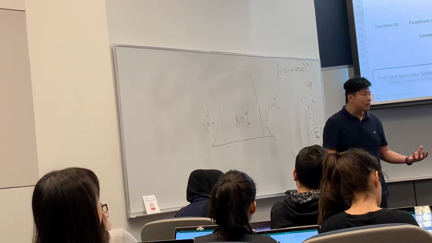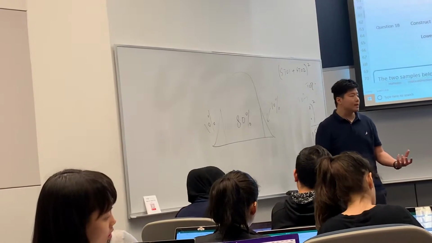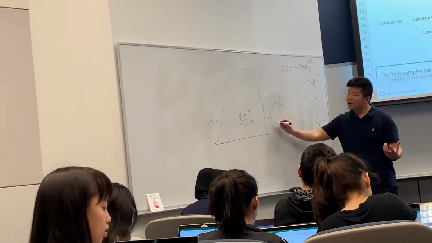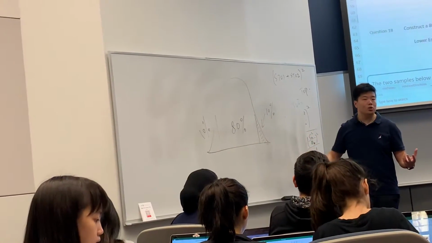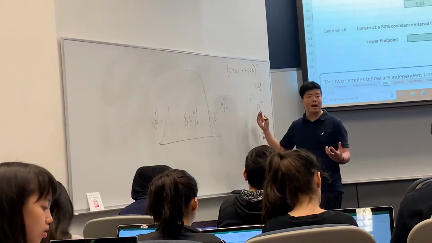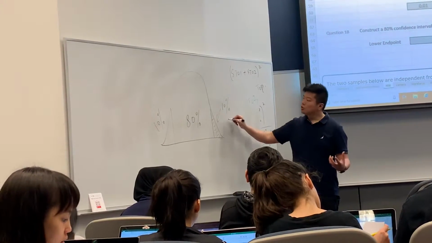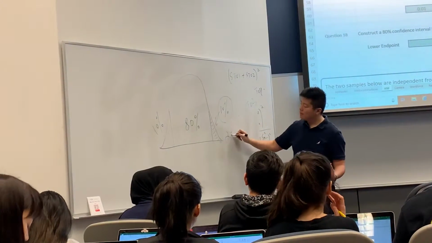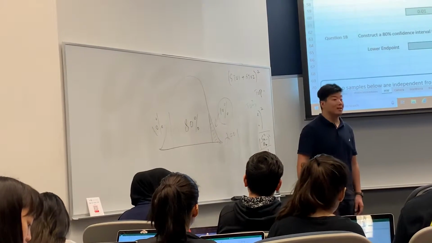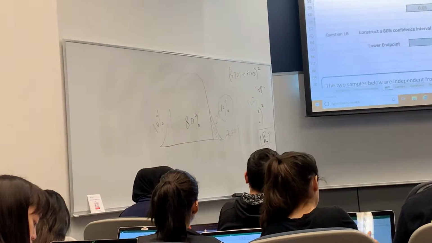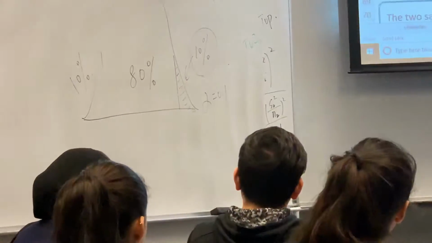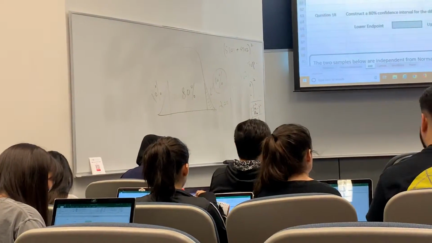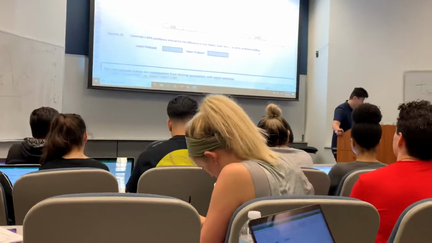Since we're using the t-table, the area for my upper tail matters. I don't go to the left. This time I go to the right because I'm using the t-table. So what is my alpha? 0.1. My alpha is 0.1. So what is the formula for the confidence interval?